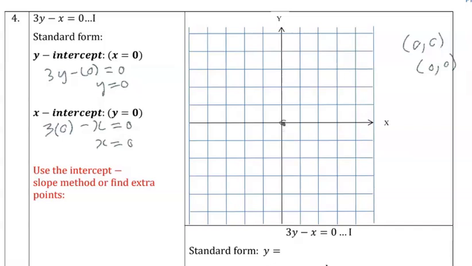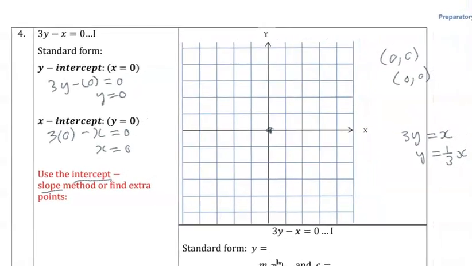Okay, so before we continue, let's look at this method, the intercept slope method. In the intercept slope method, we need to find m first. So if I now write this equation in standard form, I will get 3y equal to x. So y will be 1 over 3 x.